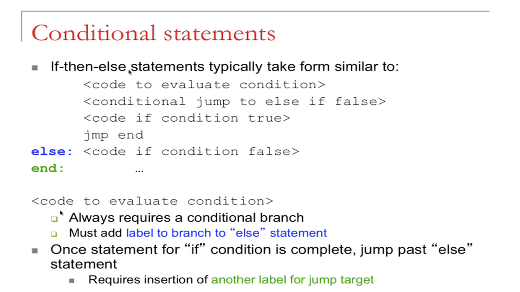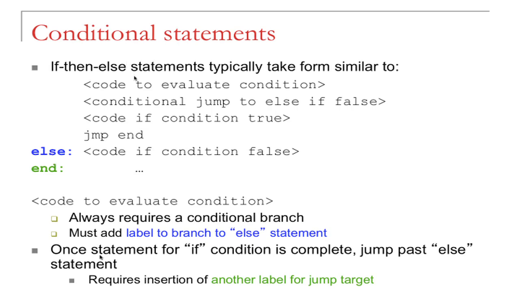We always start with some code to evaluate the condition. This requires a conditional branch, and we must add a label to branch to the else statement, like here. You need a label here because for this conditional jump, you need to take the microprocessor to this point.